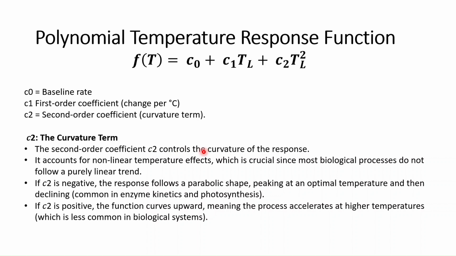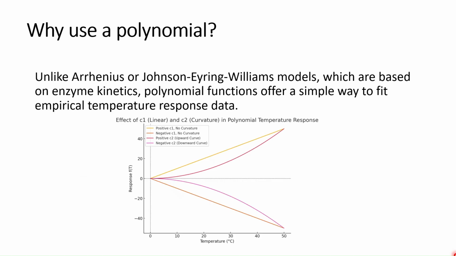It is controlling the curvature of the response and accounting for the non-linear temperature effects, which is also very important. So C1 is giving us a more linear approach, whereas C2 is giving us the non-linear temperature effects. If C2 is negative, the response is going to follow a parabolic shape, and if C2 is positive, it is going to curve upwards like this.